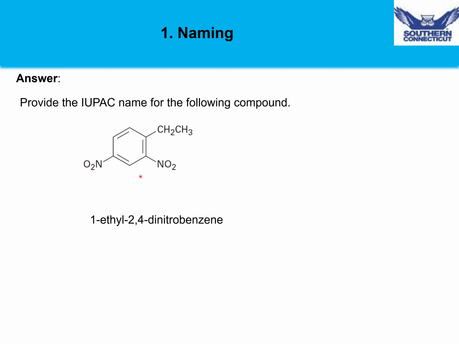The reason for that is we have a nitro group next to it, so numbering this carbon with the ethyl group would give the lowest possible numbers we could use for locating the substituents. So this compound would be named as 1-ethyl-2,4-dinitrobenzene, since continuing in the direction of these nitro groups would give this carbon 2, and then this one 4.